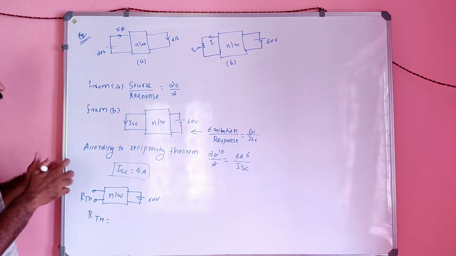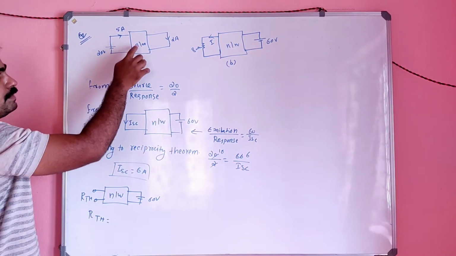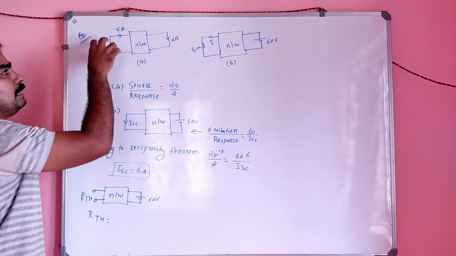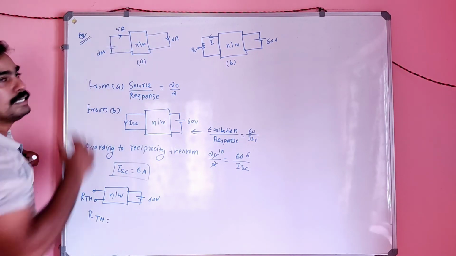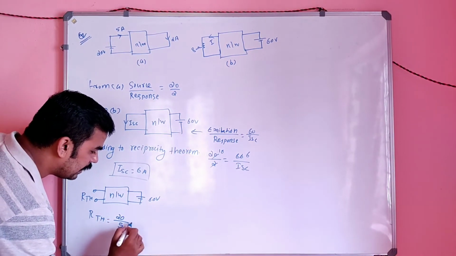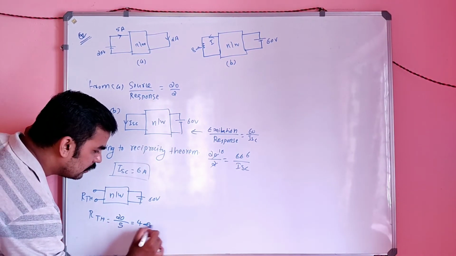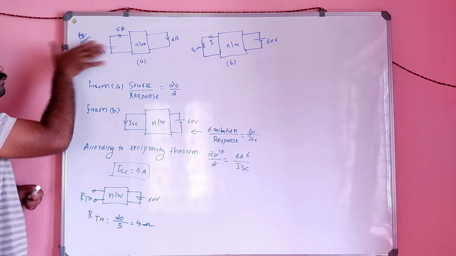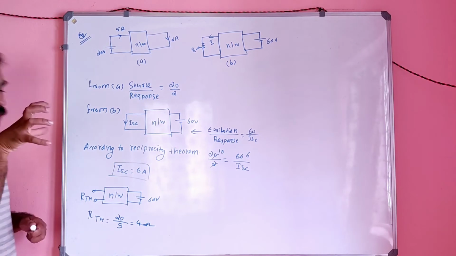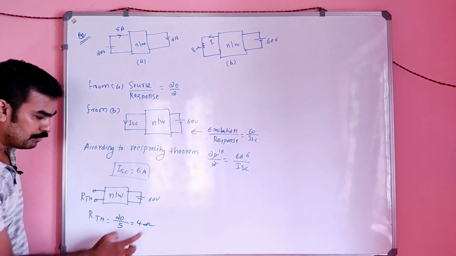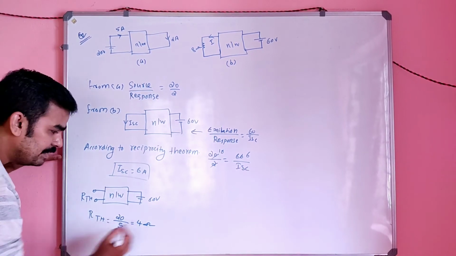See, in the first figure, these two figures are connected, right? In the first figure, the input voltage is 20 and the input current is 5 ampere. So input voltage divided by input current will be the resistance offered. That means when you look from here, you feel a total resistance of 4 ohm. That means R Thevenin is equal to 4 ohm.